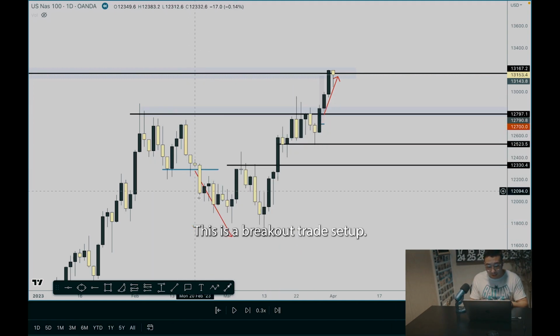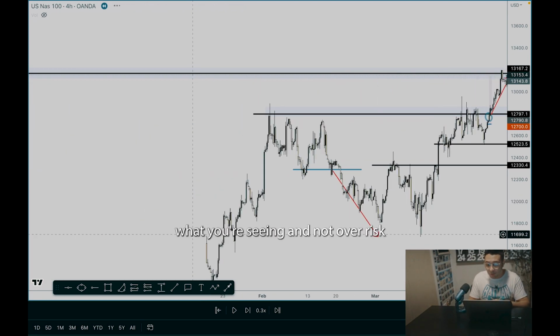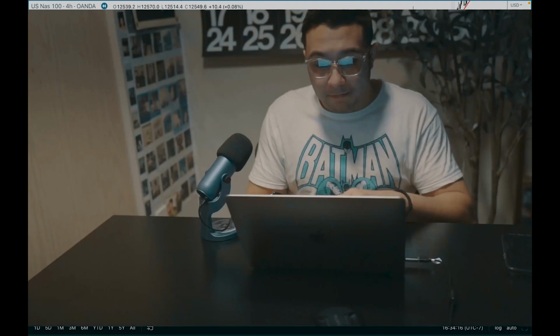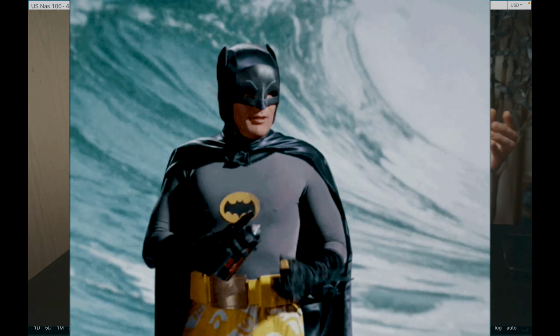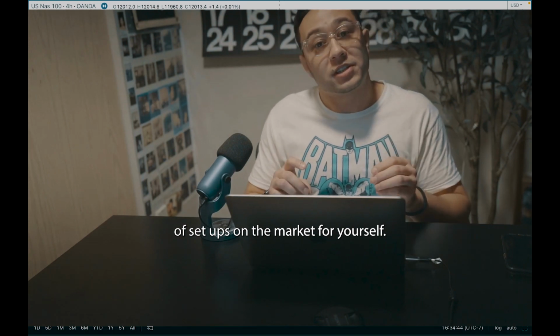This is a breakout trade setup. They're not hard to catch. You just have to understand what you're seeing, not over risk, and learn how to trade that type of style. All these different trade setups are going to be added to your utility belt, essentially. Your playbook. It can help you see these types of setups on the market for yourself.